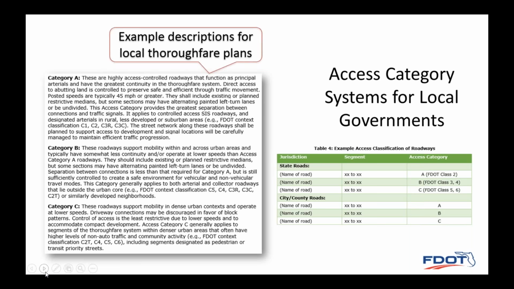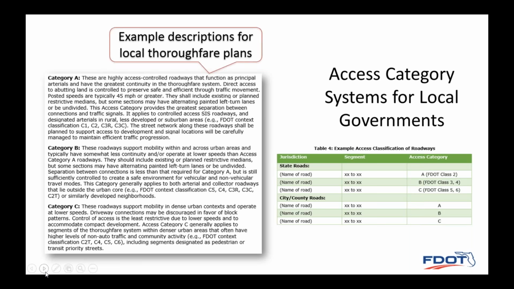And in this edition, we decided to try to create some generalized categories that are similar to the types of roads you might find in your urban environment, that might be able to be adapted to relate to a local thoroughfare plan if you're adopting a complete streets plan that has different types of roadways and cross sections, and some roadways are going to be more of a boulevard or a main street environment.